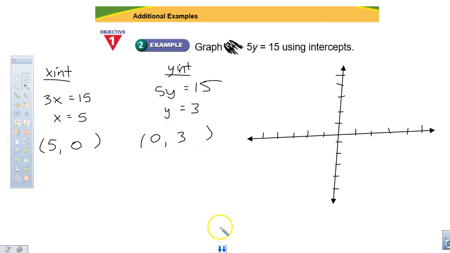Go ahead and graph each of those points. So you have to graph the point 5, 0. You have to graph the point 0, 3. Connect those 2 points, and that's your graph.